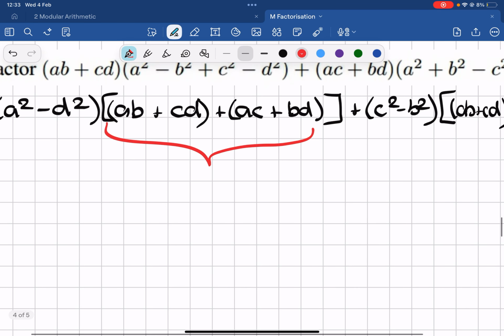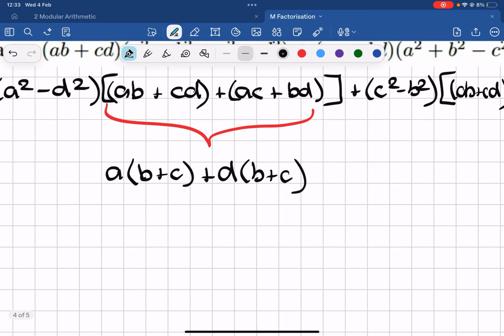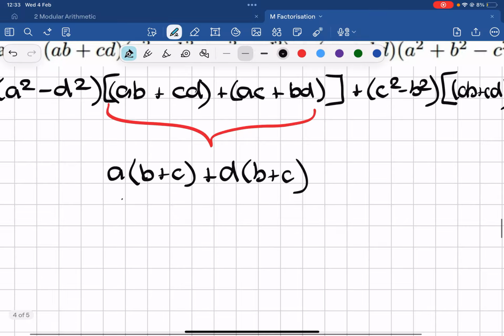Well, we can take out a from two terms and we can take out d from these two terms. So we've got a times b plus c, plus d times b plus c. We've got a common factor of b plus c in both of these terms, so we can factorize that out. So we've got b plus c times a plus d.